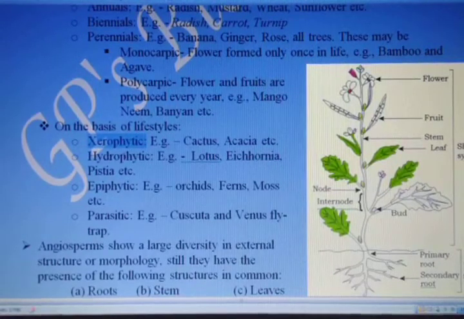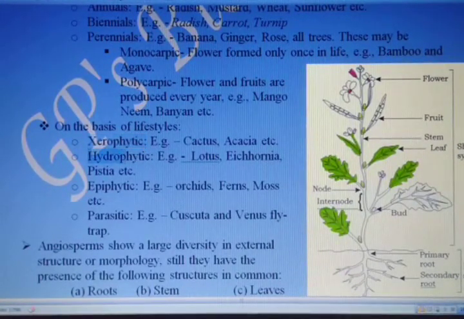They can live with less water. Like you know very well about cactus, acacia. Acacia you must know, babool in Hindi, and it has sharp thorns. You may have seen acacia.